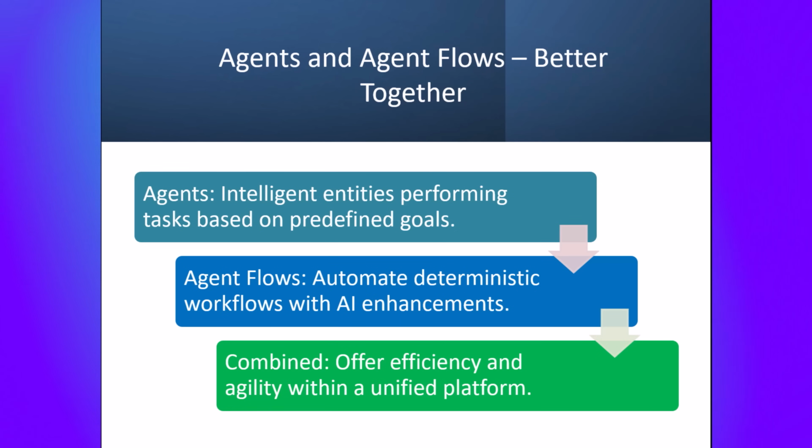Agents are intelligent entities designed to perform tasks independently and make decisions based on predefined goals. Agent flows are built to automate deterministic workflows, and by coupling agents and agent flows together in Copilot Studio, we get the benefits of both.